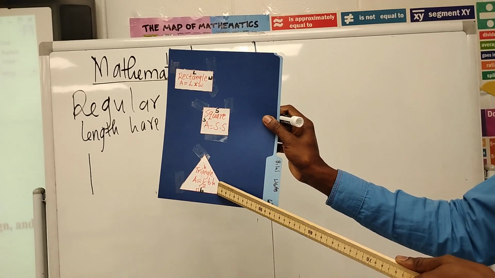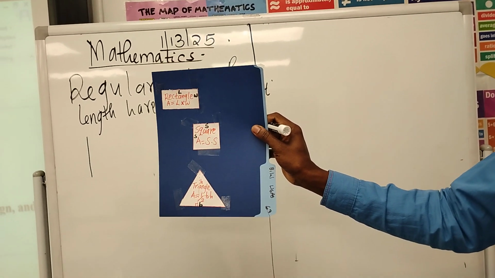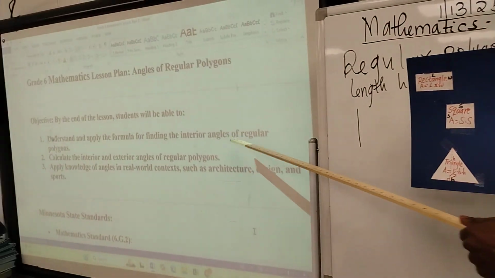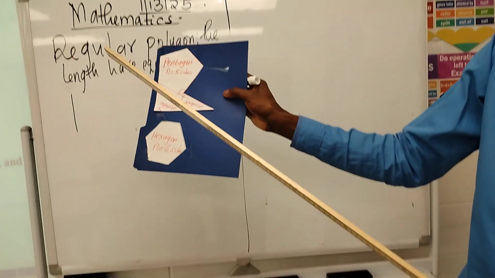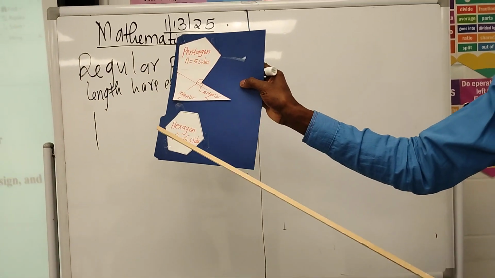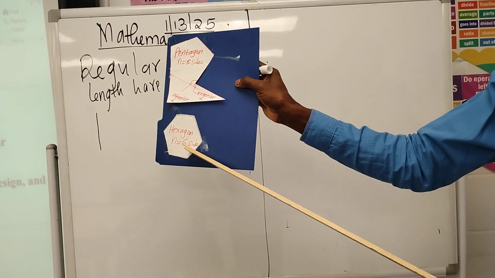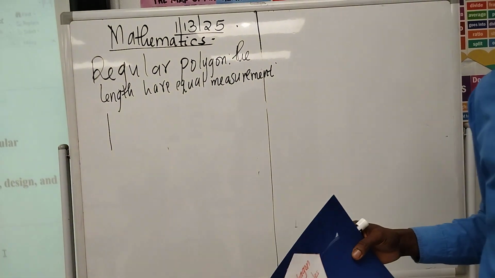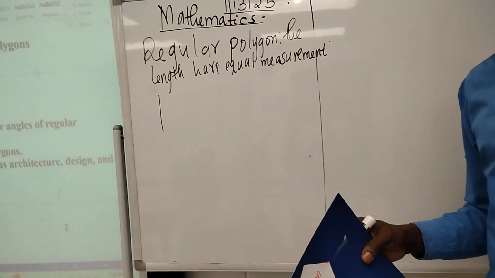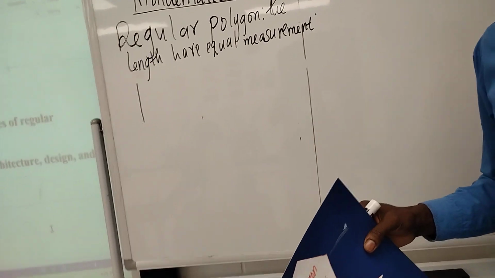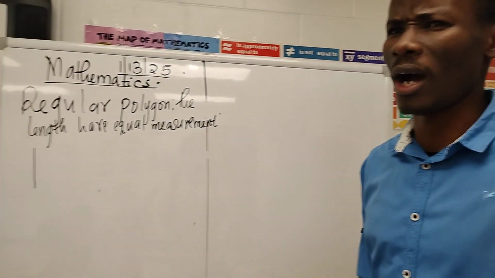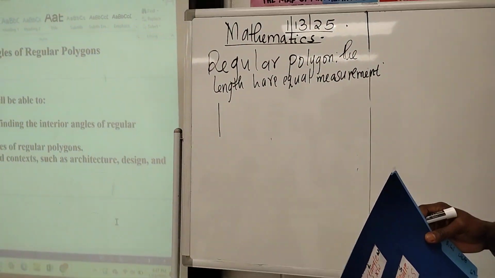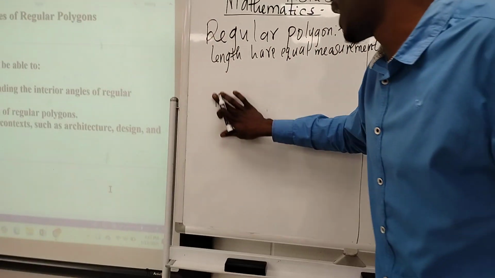I'll also show you the formula for finding the interior angle of each of them as we move. Then on this other side, I have a pentagon. A pentagon has 5 sides. A hexagon has 6 sides. How many sides does a square have? 4 sides. How many sides does a rectangle have? 4 sides.